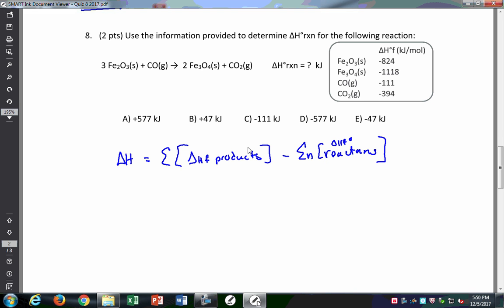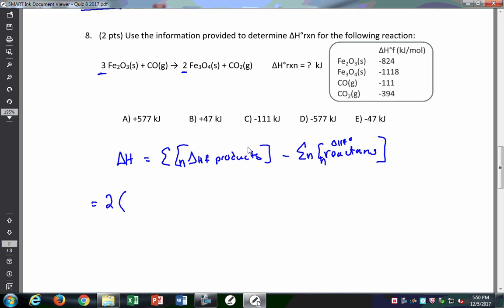Now don't forget though, if we have any of these mole numbers before, we have to take that into account. Because of course, this reaction is saying it takes 4 moles of Fe2O3 to react with 1 mole of CO. So we can set that up.